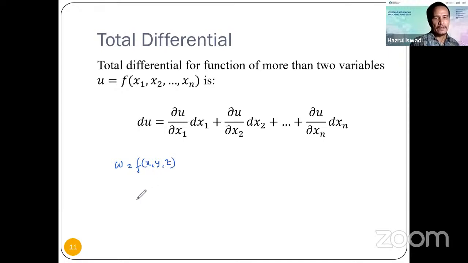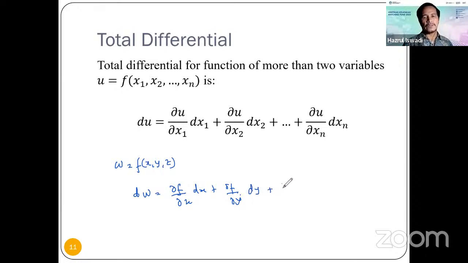So dw is equal to dou f dou x dx plus dou f dou y dy plus dou f dou z multiplied by dz.